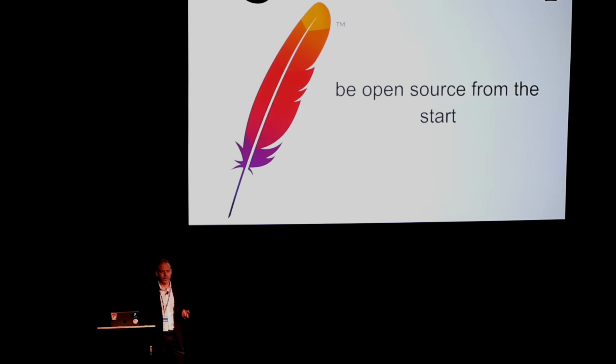You also need to make things open source from the start. FDC3 was Apache 2 licensed from day one, and has remained so. Everything that happens in FDC3 happens in the open. This is absolutely critical.